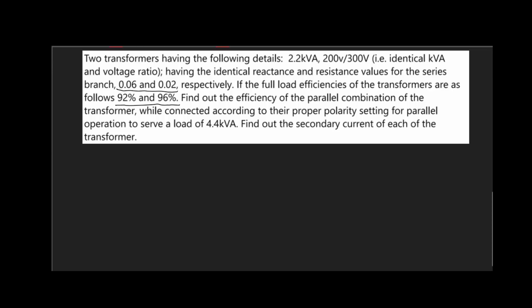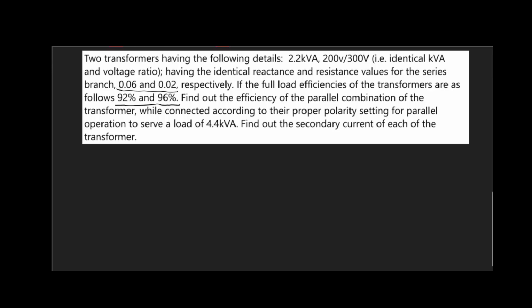That is why, it seems the first transformer's core is made up of poor quality steel, or the lamination is not good. That is why the magnetizing loss is more in the first transformer, and that is why it offers poor efficiency.